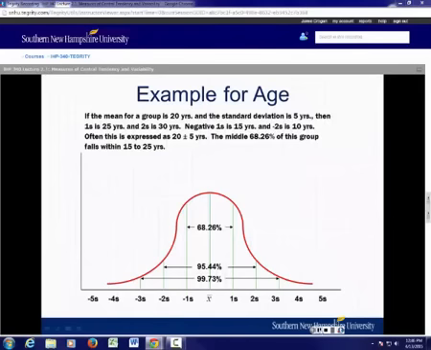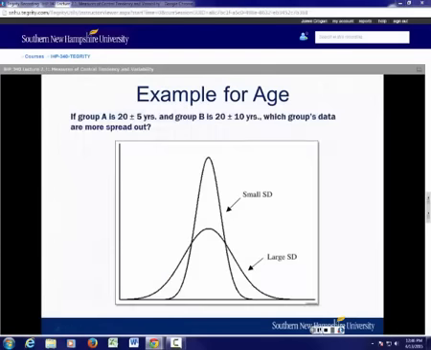And so this is most useful when people start comparing maybe one group to another group. So let's take this example for age and carry it out a little further. Let's say that group that we just dealt with, 20 years plus or minus 5 years, is compared to another group who is also 20 years old, but their standard deviation is plus or minus 10 years.